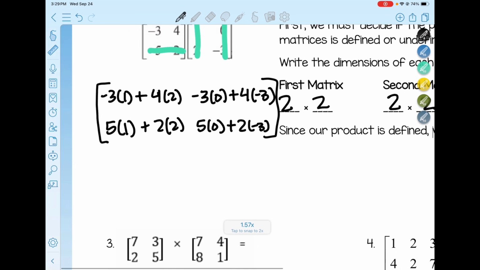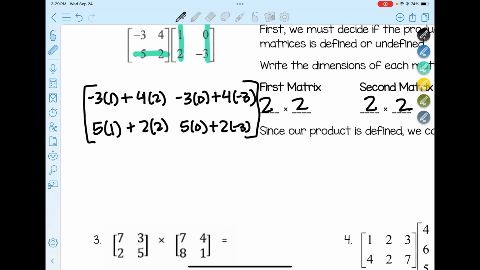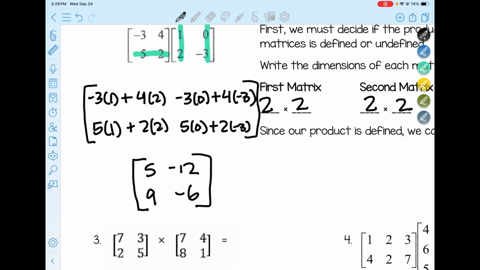We can then go ahead and simplify this. So when I simplify this, I'm going to get 5, -12, 9, and -6. And that's how we multiply matrices together.